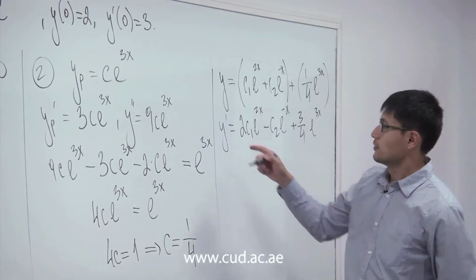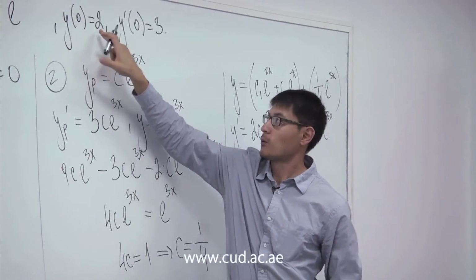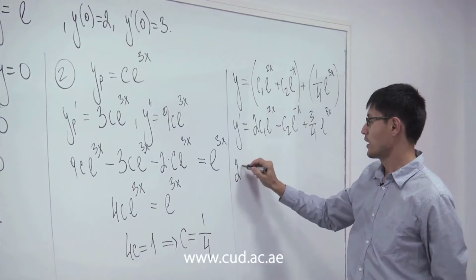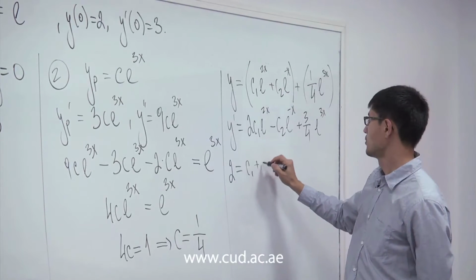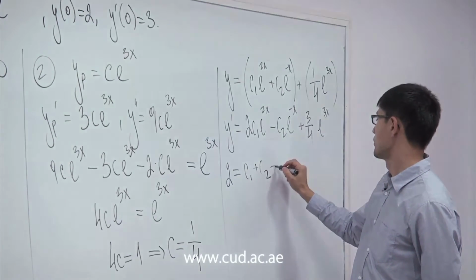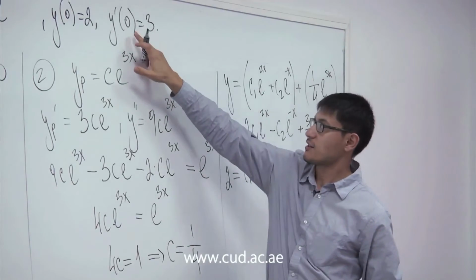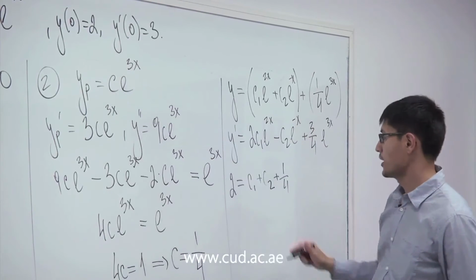All right. Now the first condition says that if I replace x with 0, y will be equal to 2. So taking this, y equals 2. If I replace x with 0, I get c1 plus c2 plus 1 over 4. And the second condition says that if I replace x with 0, y prime will be equal to 3.